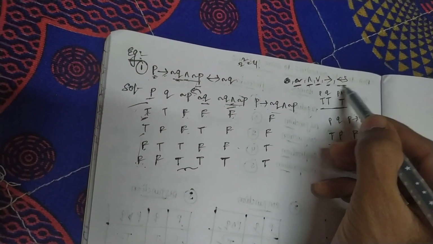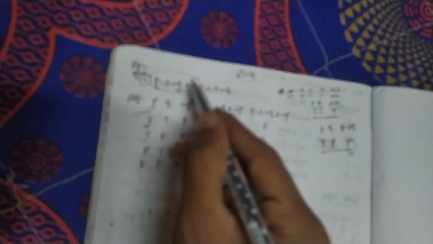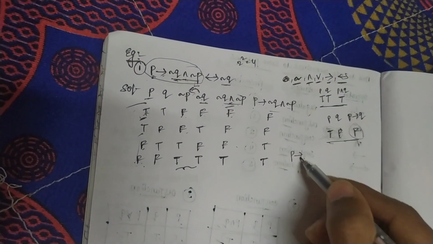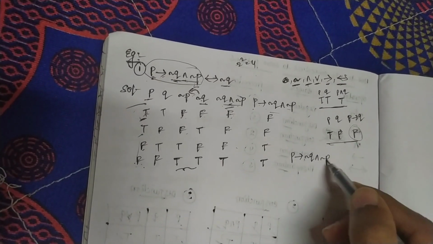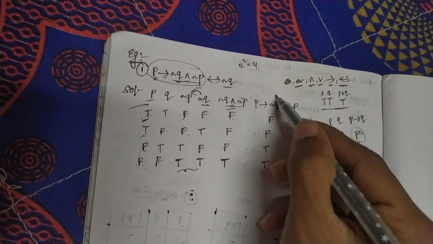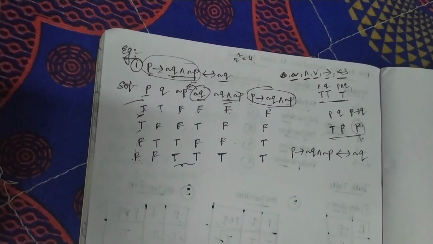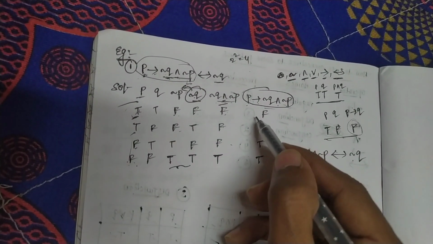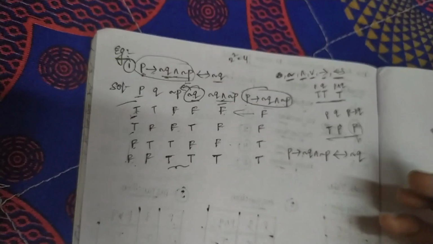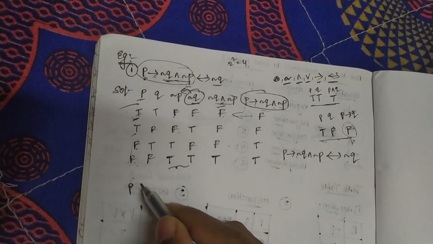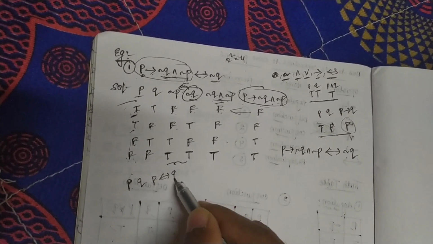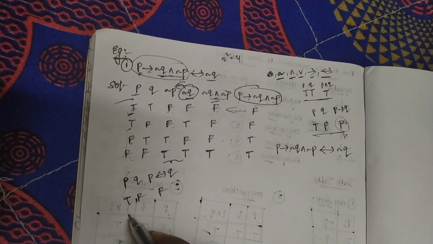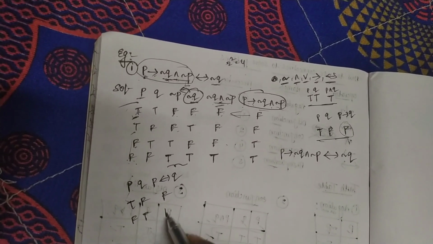Now the next one is biconditional, that is, the double implication with negation Q. So we write P implies negation Q, and negation P double implies negation Q. That means we have to do this one and this one. In biconditional we know that for P and Q, P double implies Q: if P is true and Q is false, we get false, and if P is false and Q is true, we get false only.